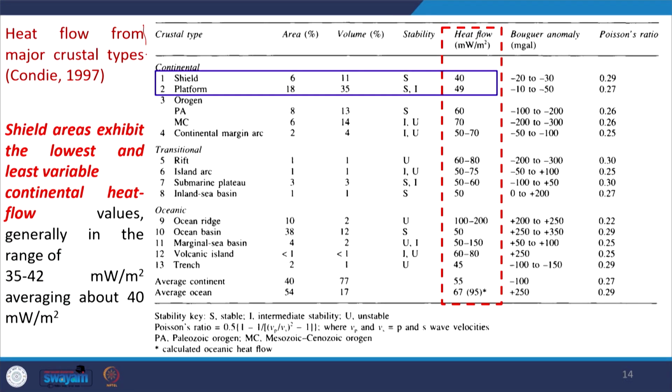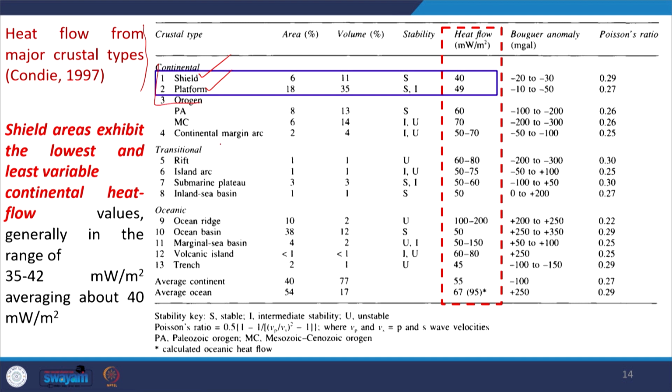All those decide the heat production and heat flow of that region. And finally, during plate interaction, heat flow plays a significant role in deciding what type of mineralization, metamorphism, and magmatism we will expect in a particular tectonic environment. Now, if you see the major crustal types, one is shield and platform. Collectively, that is called craton.